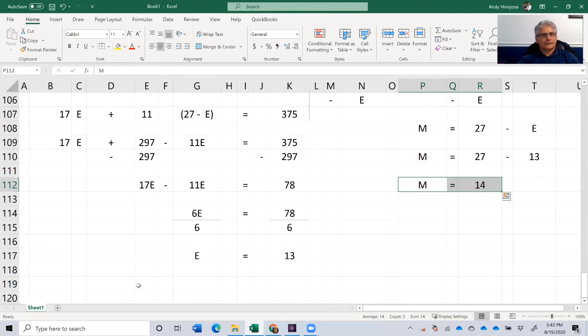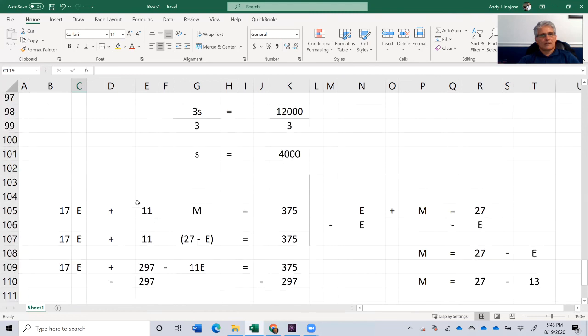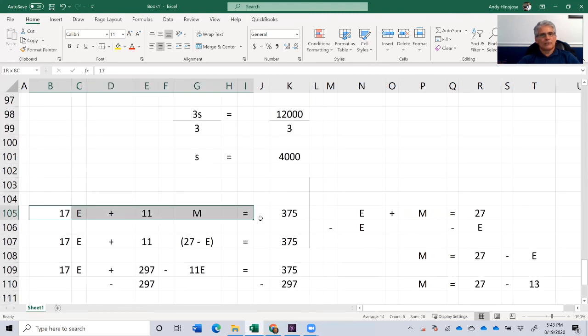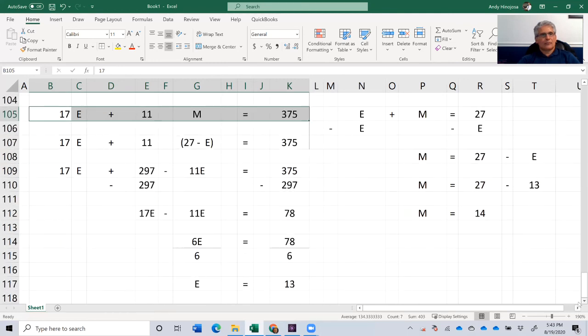Should we check? Let's check the numbers. Going back here to the original formula we put together. The formula says 17E plus 11M will equal 375.